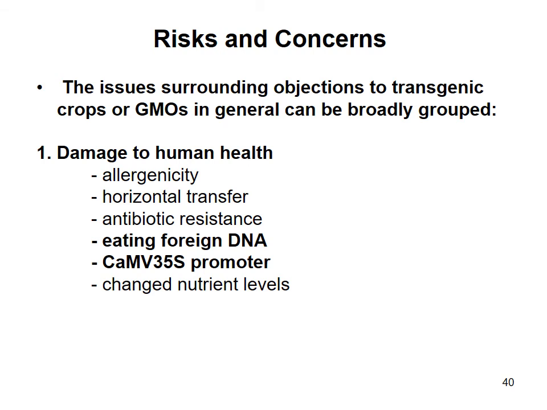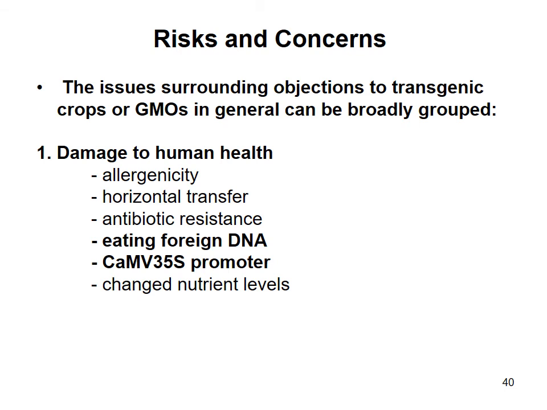While there have been no tests to determine whether this promoter has invaded human tissues, experiments with mice indicate that normal body defences eliminate these stray fragments of foreign DNA that do sneak into the bloodstream from the digestive tract. There is some evidence that this promoter poses very little threat, if any, to human health.